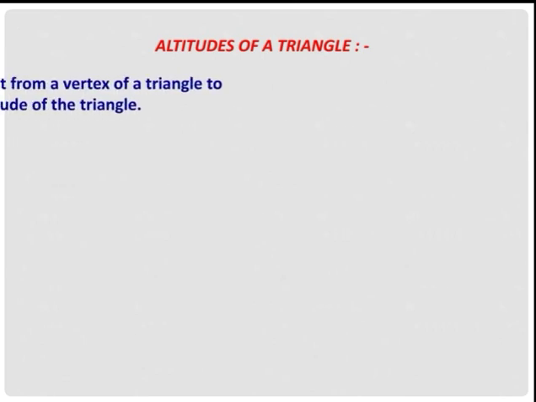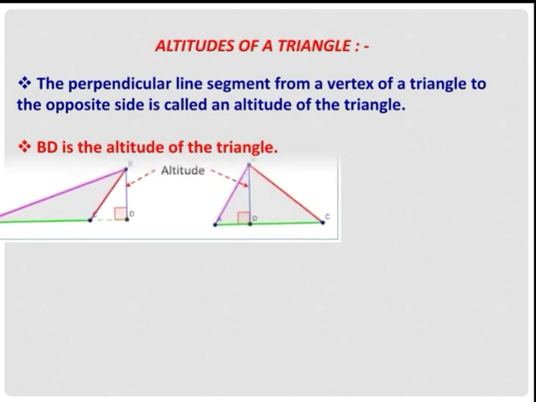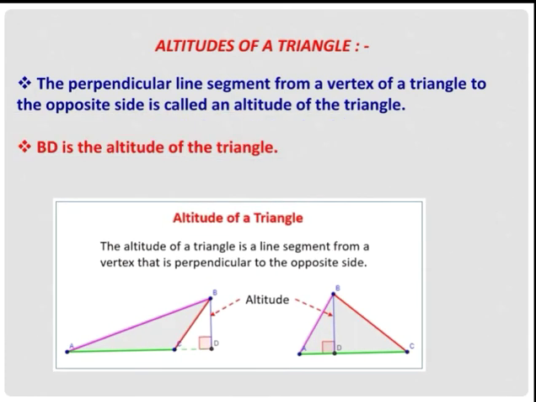Now let us understand altitudes of a triangle. What is the altitude? The perpendicular line segment from a vertex of a triangle to the opposite side is called an altitude of the triangle. Let's take one example. In this figure, BD is the altitude of the triangle.